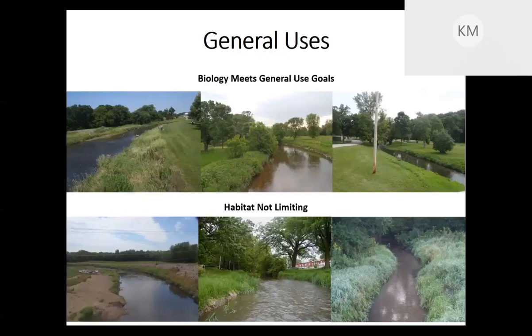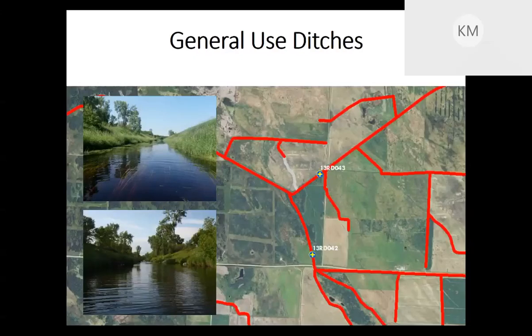So there's something else that's limiting the biology based on our models besides the habitat, whether it's a chemical issue or a hydrology issue. There's something else that's driving the non-attainment of those communities, and so they would be designated as general use. Here's a couple of ditches. They're straight as arrows, but they've got some really nice habitat in them. Good substrates, macrophytes. So these are basically our general use ditches.